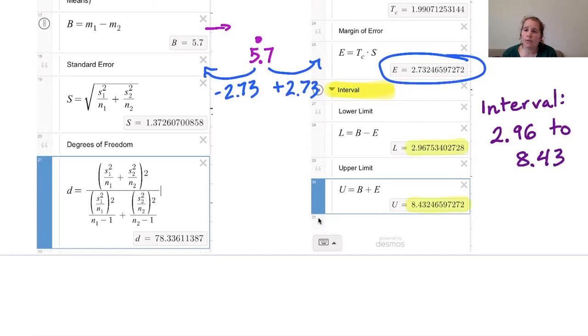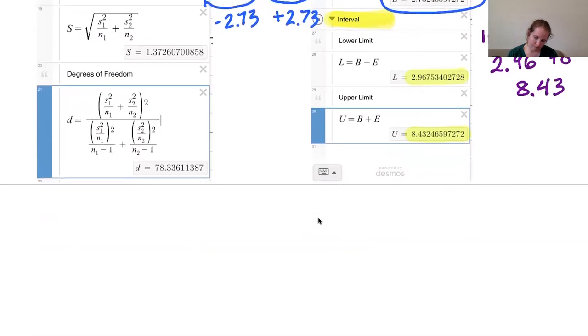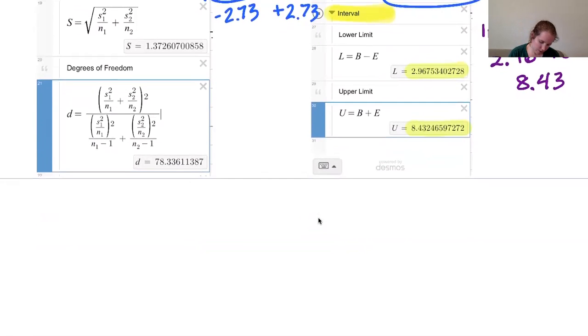The whole goal of this was to estimate the difference in the average hours of work a week between CSU students and UC students. We did 1 minus 2, so we did CSU minus UC. Since we're doing CSU minus UC and we got positive values, that means that CSU should be higher, right?